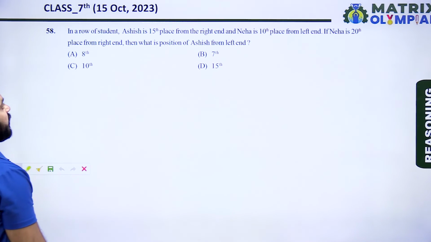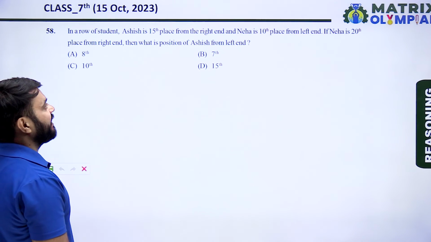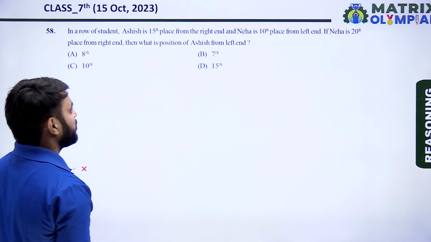In a row of students, Ashish is 15th from the right end and Neha is 10th from the left end.